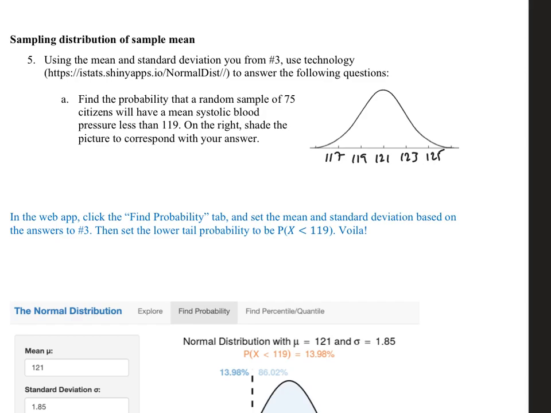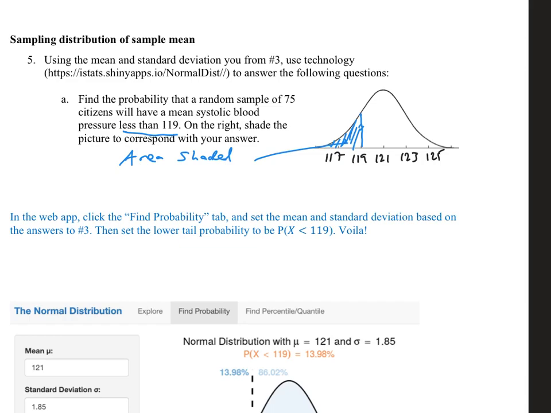So 119 is here, and being less than 119 would mean shading it to the left. So the answer to this question is the amount of area that's shaded in that picture.